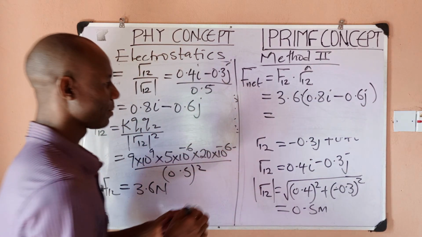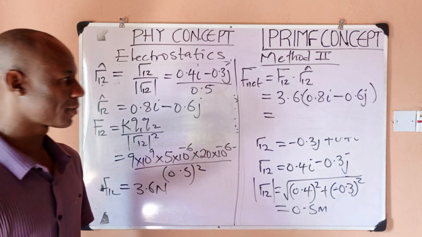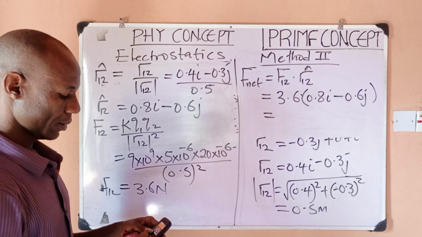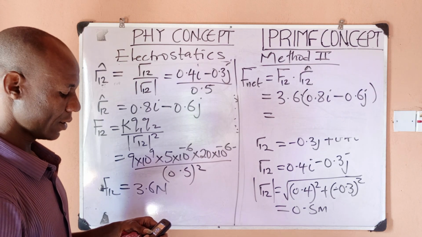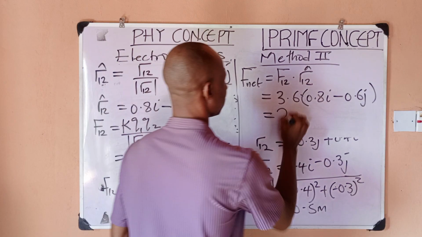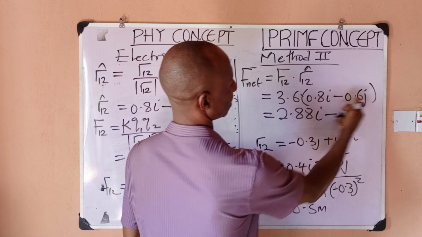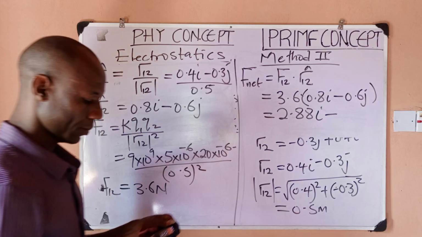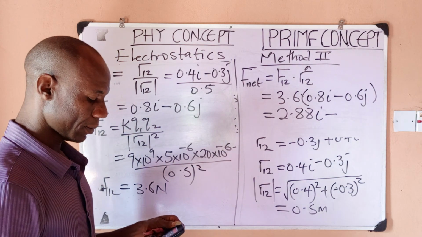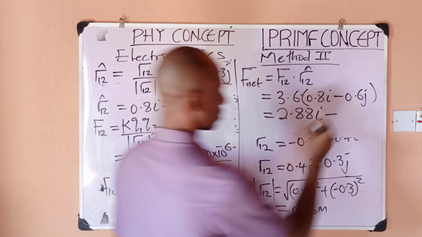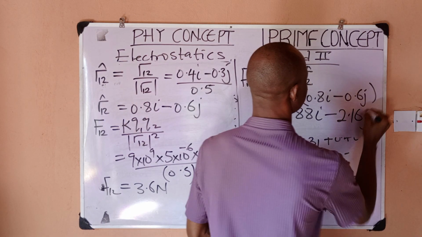If I expand this, I will get 3.6 times 0.8, which gives me 2.88i, and 3.6 times this gives me minus 2.16j.